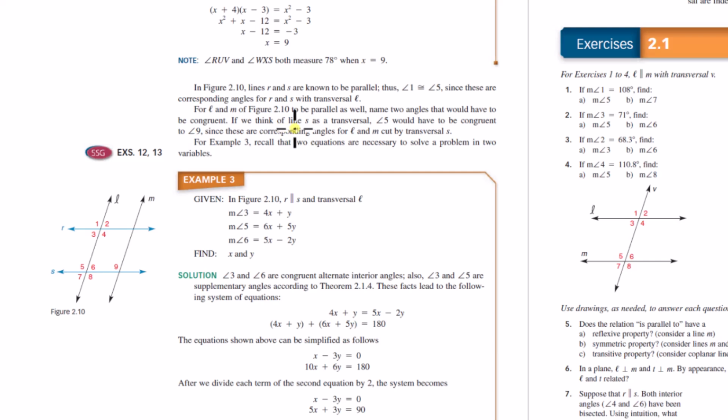If we think of line S as a transversal, angle 5 would have to be congruent to angle 9, since these are corresponding angles for L and M cut by transversal S. So for L and M to be parallel, 8 needs to be congruent to 9, and 9 needs to be congruent to 5. Those are corresponding angles, and that should be enough.